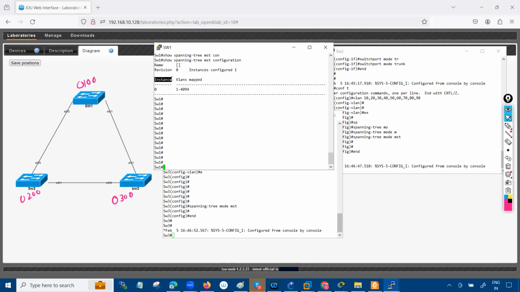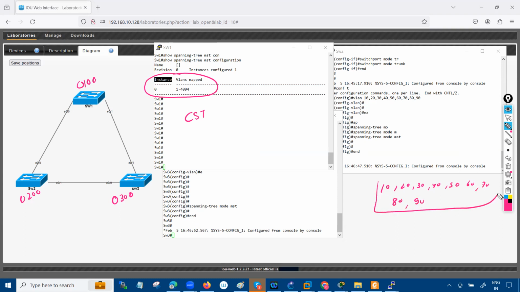Instance means what? Algorithm. One algorithm. It now behaves like CST protocol. All VLANs, whatever VLANs you have, are going to map to it. I just created nine VLANs: 10, 20, 30, 40, 50, 60, 70, 80, 90.